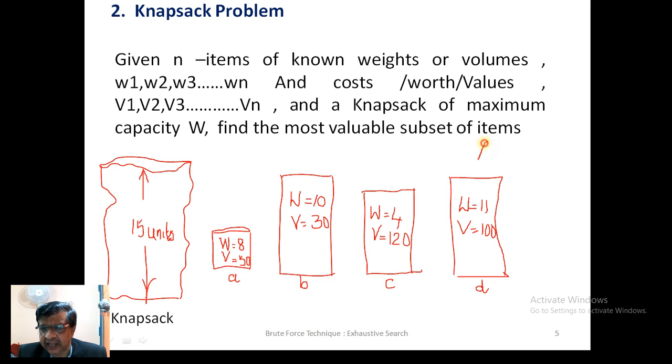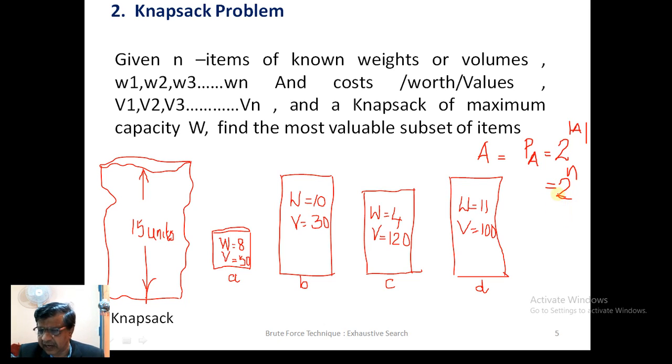Given a set A, the set of all subsets that can be generated is called the power set of A. If there are n elements in the set, the power set will have 2 to the power of cardinality of A, or 2 to the power of n, if n is the number of elements. The 2 comes from the fact that either an element belongs to the set or it doesn't belong. That is the reason why 2 comes over here.